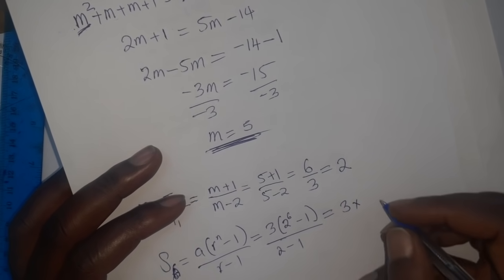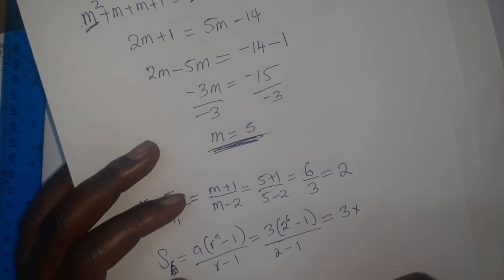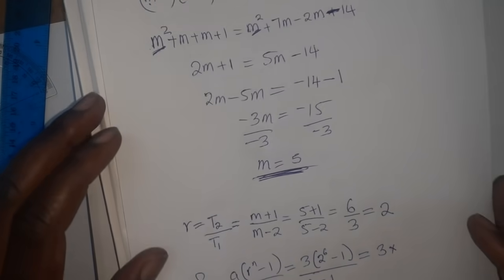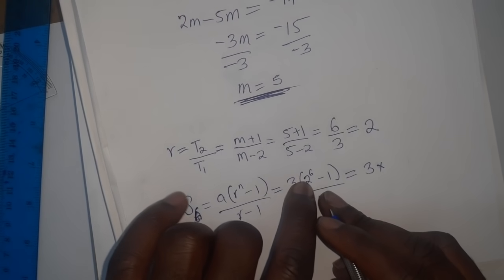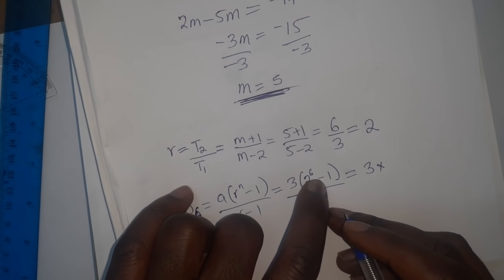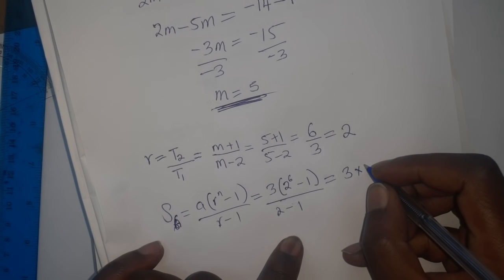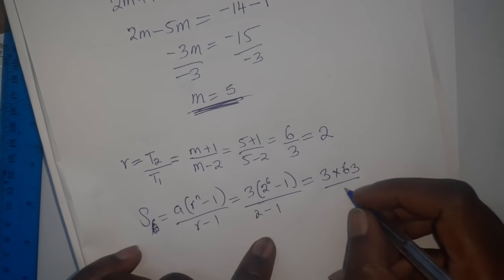So 3 multiplied by, what are we supposed to get when you work out what is in the brackets? This is going to give us 64. Then 64 minus 1, you are going to get 63 over 1.